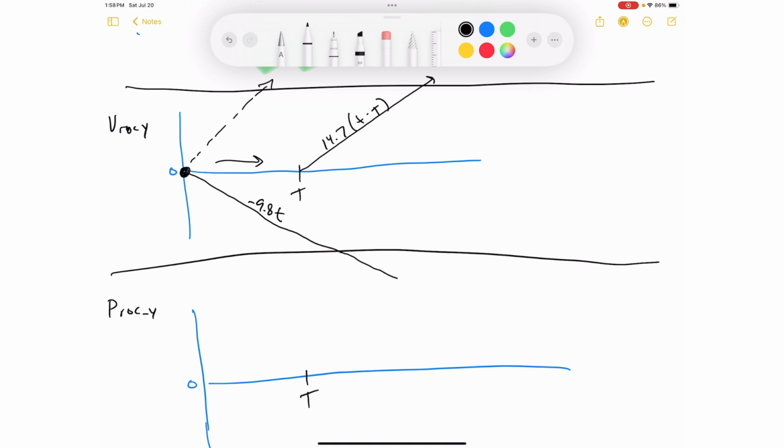Now here's the tricky part about this. Now you might just think, okay, well I'm just going to go ahead and this is fine. I have two functions, negative 9.8 t and plus 14.7 times (t minus T). I'll just put them together. Well, the problem is that the 14.7 is combined. That's the combined acceleration of gravity and the rocket.